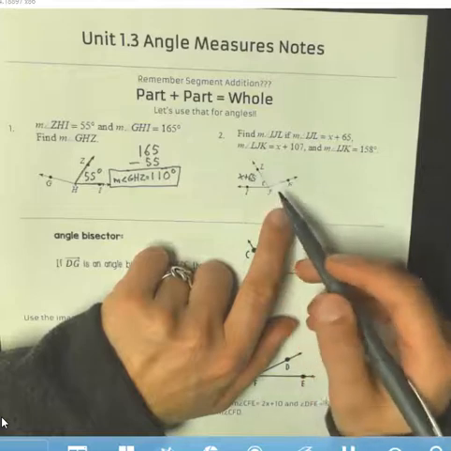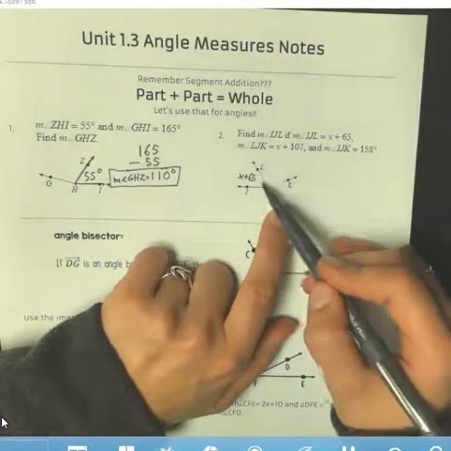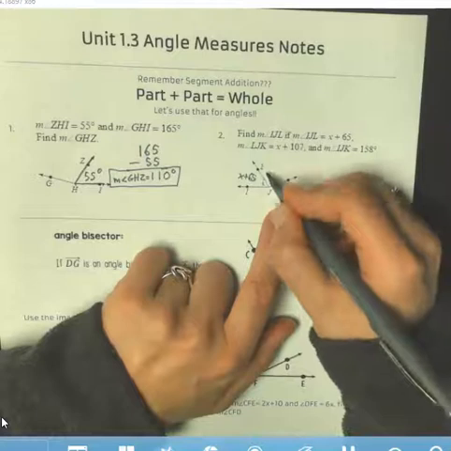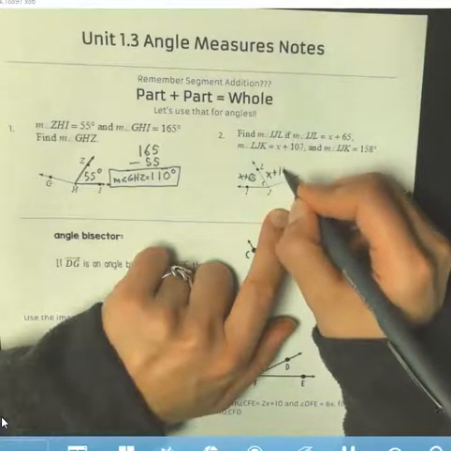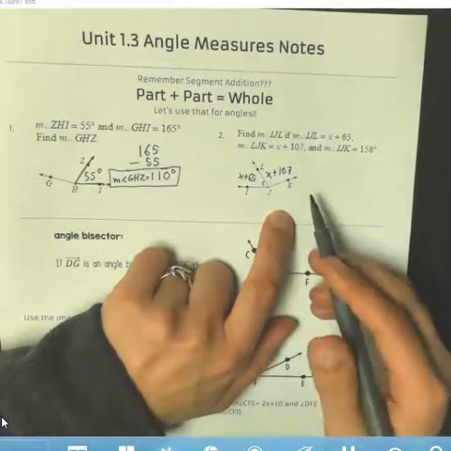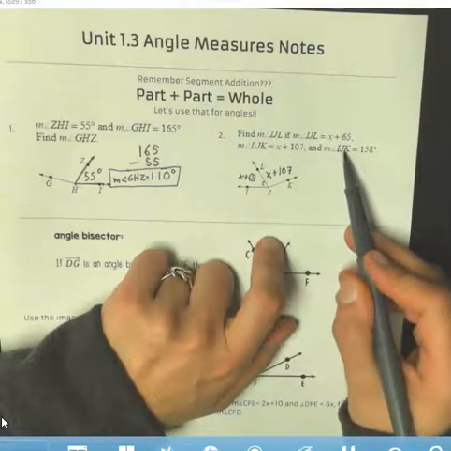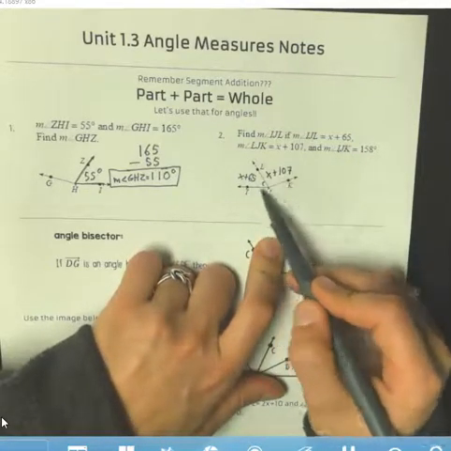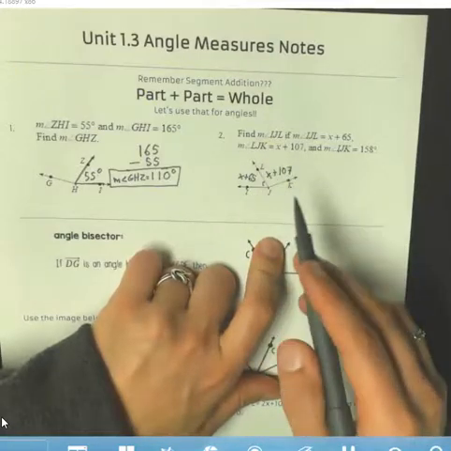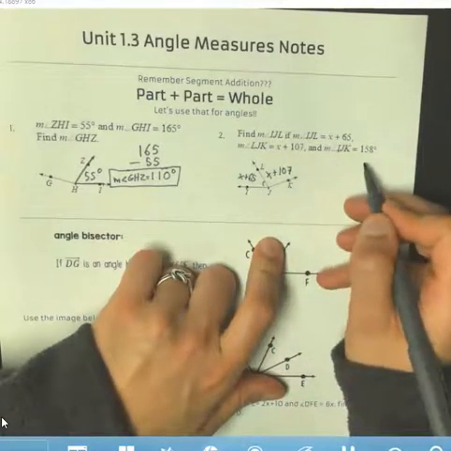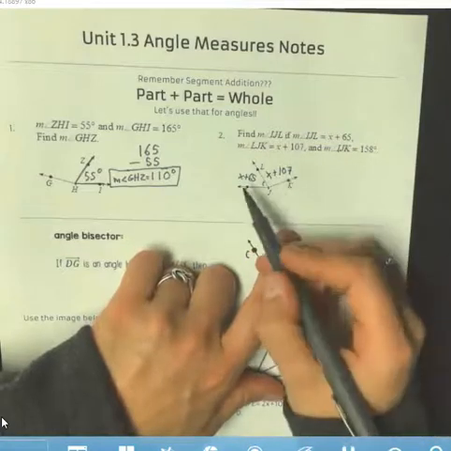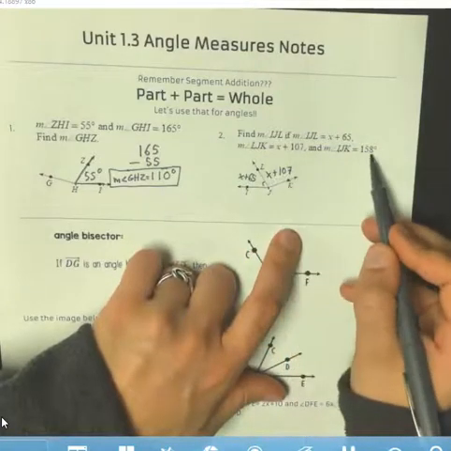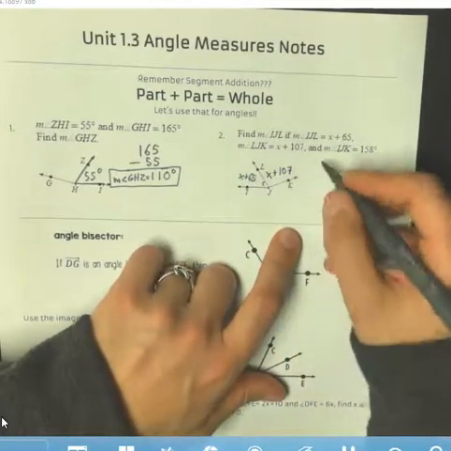And measure of angle LJK, that's this one, is x plus 107. And then measure of angle IJK, this whole thing right here, is 158 degrees. So part plus part equals 158 degrees.